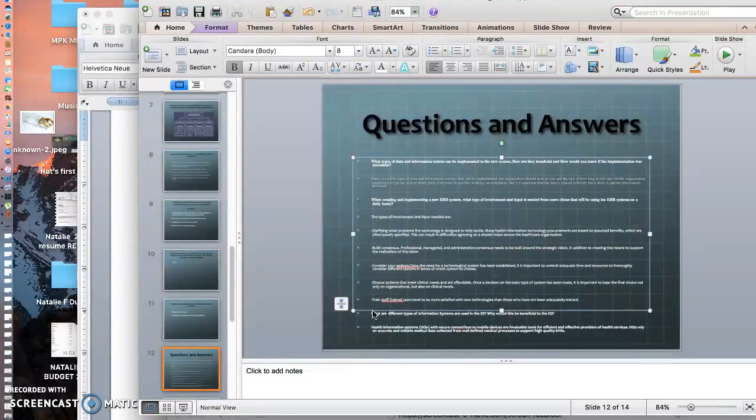A health information system with secure connections to mobile devices are invaluable tools for efficient and effective provisions of health services. Health information systems rely on accurate and reliable medical data collected from well-defined medical processes to support high-quality EHRs.